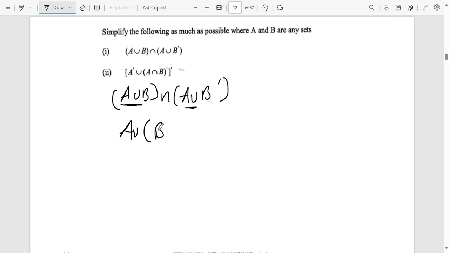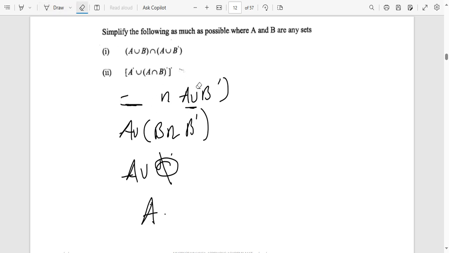Then you remain with B, get a sign in the middle, intersect the other side, you have got B complement. What is B intersection B complement? Empty set, good. And then A union empty set, it's A. Okay, so that is the answer. It's A.